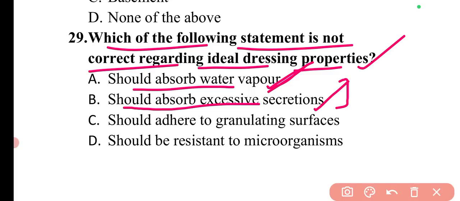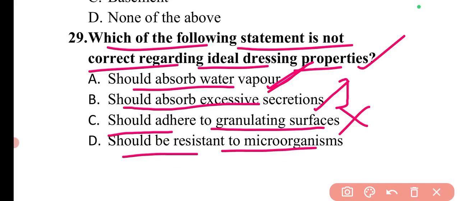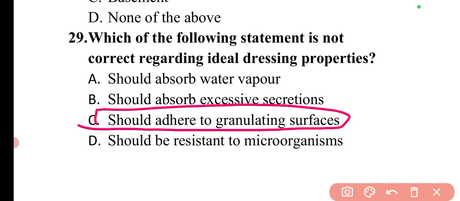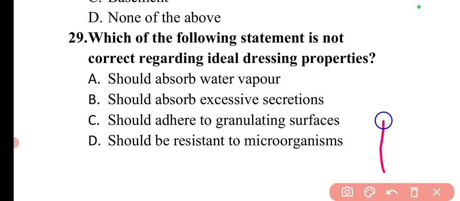It should adhere to the granulating surface, so it should not adhere to the granulating surfaces. Then it should be resistant to microorganism. This is also true. So the non-ideal condition is option number C. So option C is the correct answer.